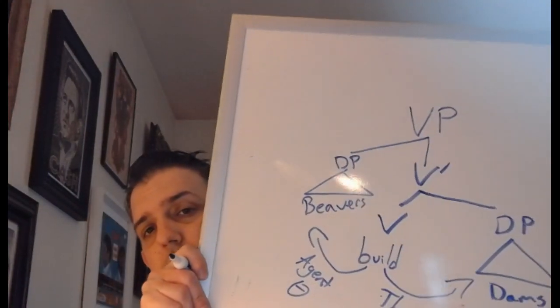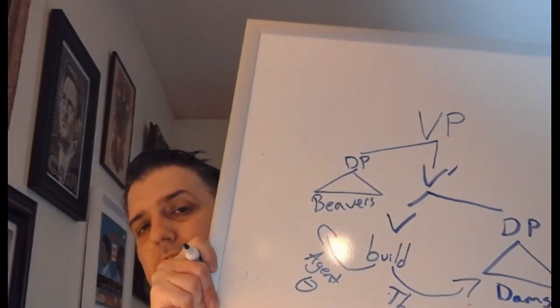So the verb is encoded for how many theta roles it has. Each argument needs a theta role to be allowed within the sentence. It begins the syntactic derivation in a theta position, and we'll see that again in our next video. And then it's going to deal with other types of movement and other things to satisfy other requirements that it has. So that's where we'll move to next.